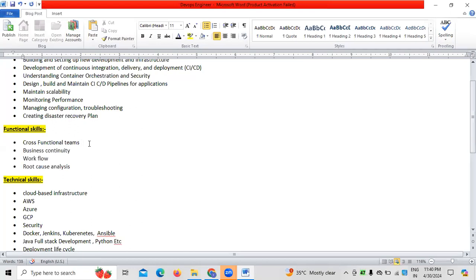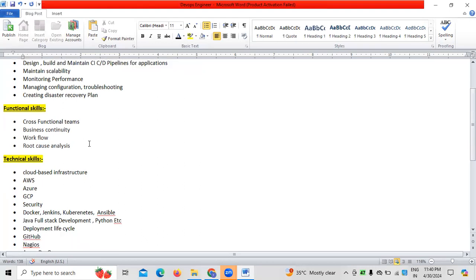To understand the problem, one of the analyses we usually do is called root cause analysis, where the problem was laid upon. Based on that, how this problem can be rectified, right? Unless you have understood the root cause analysis, providing a permanent solution for a problem will be difficult. So these are, I can say, the functional skills more or less, especially for DevOps people.